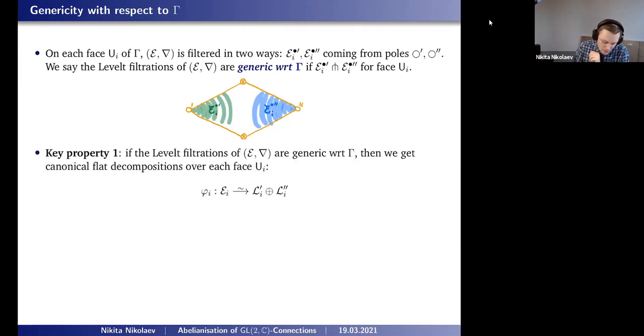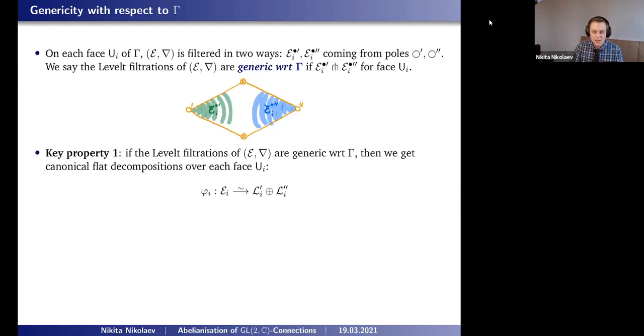So when you make this assumption, there's a key property used in the construction: because my filtrations are transverse, this is now a question of transverse flags in a vector space. And there's one very simple linear algebra fact: when you have a vector space of any dimension, in this case I'm considering dimension 2, if you have two transverse flags, intersecting them splits your vector space into a direct sum of lines.